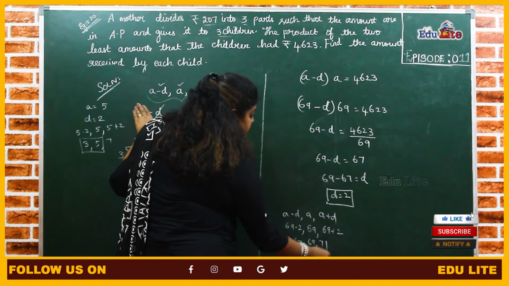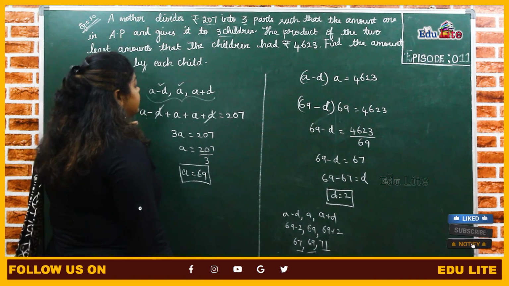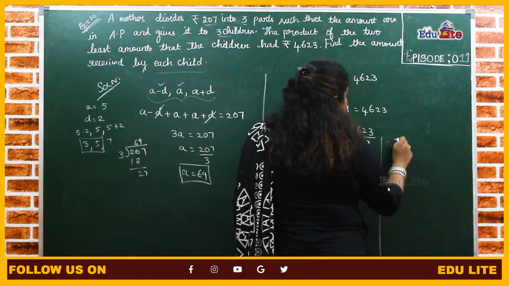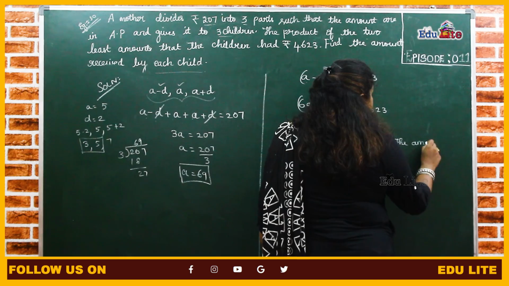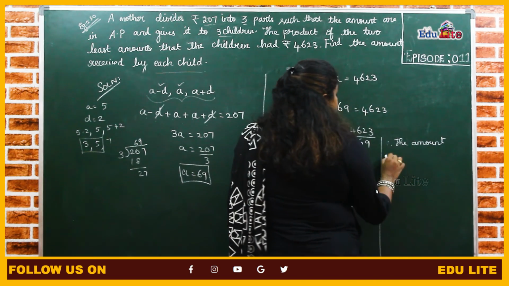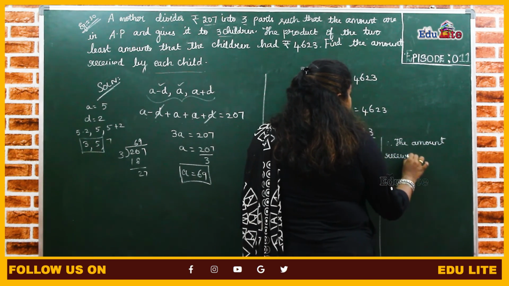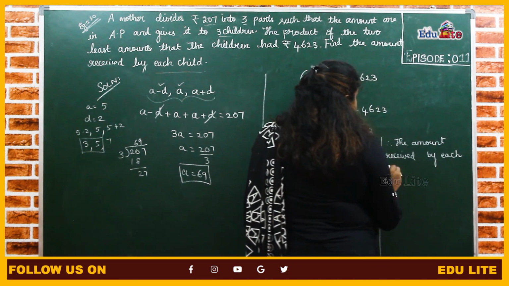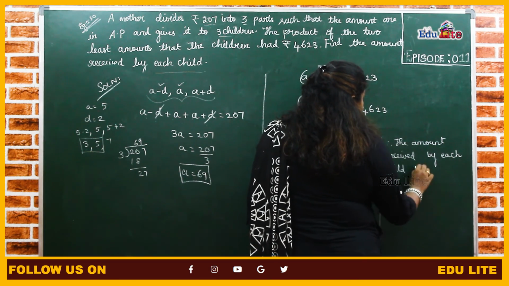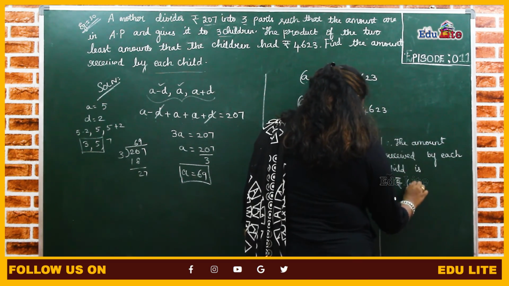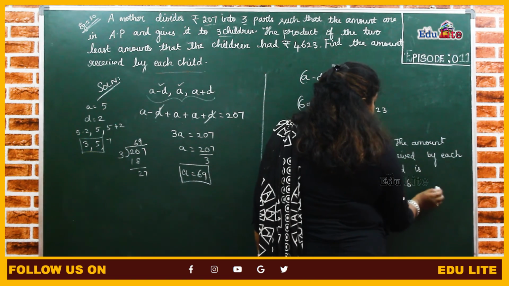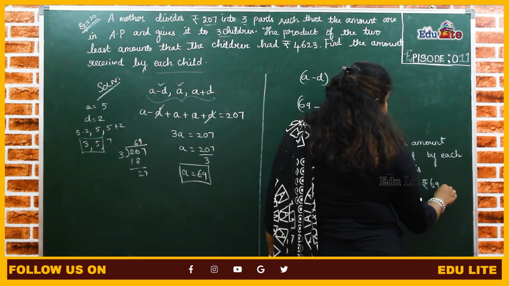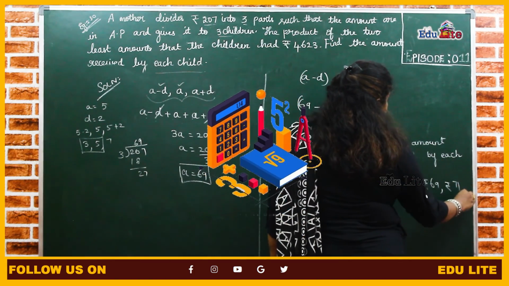So 67, 69, 71 is the amount received by each child. Therefore, the amounts received by the children are rupees 67, rupees 69, rupees 71.